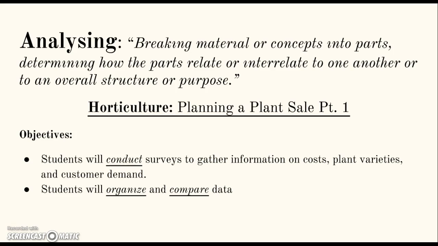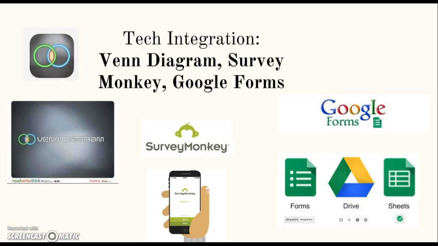So in order to do this, there's different tech integration that will be used. First of all will be the surveys. And for the surveys, the students can use SurveyMonkey or Google Forms, and this is to find the interest of what will be sold at the plant sale or any information they need in order to make the plant sale work. So for SurveyMonkey, they can make surveys to send out to parents, other teachers, other students, members of the community.